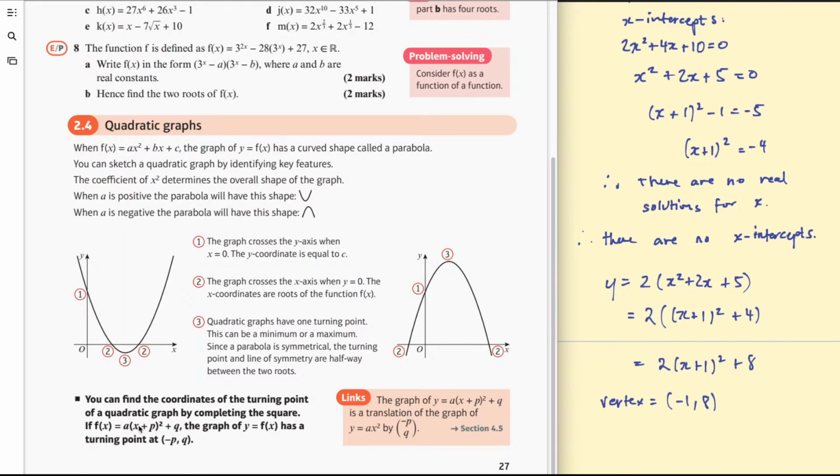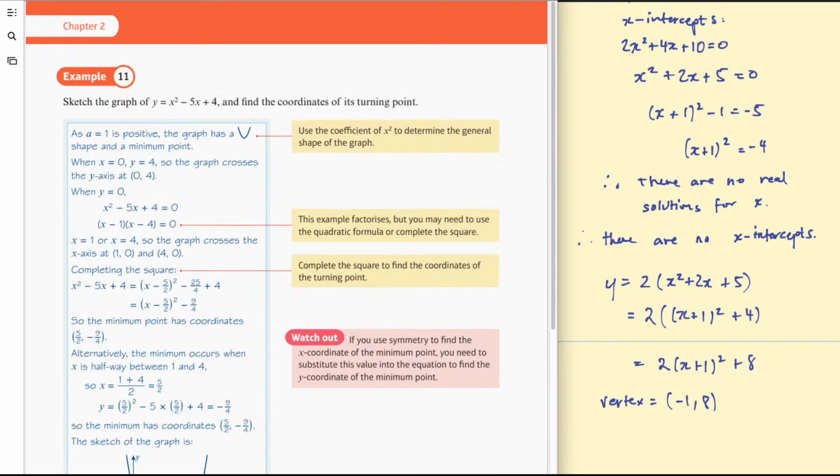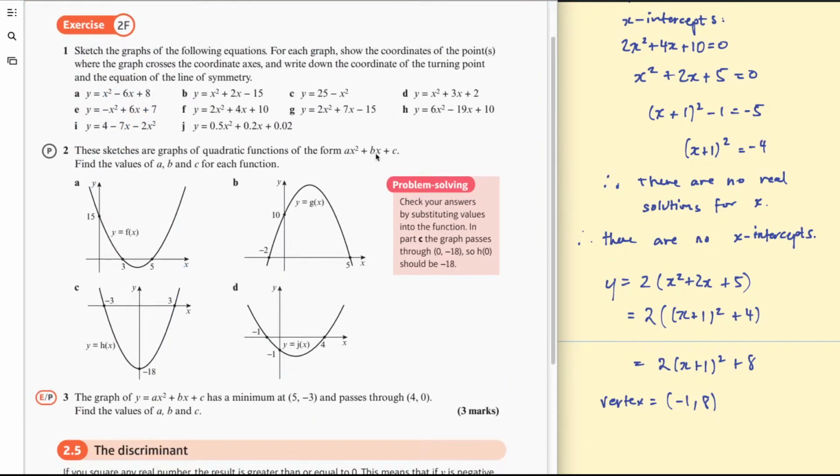So if we have a(x plus p) all squared plus q, the turning point is negative p, q. Okay, so that's my turning point. So this vertex is the same as turning point.